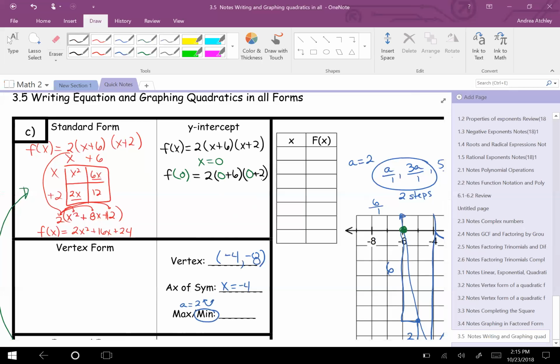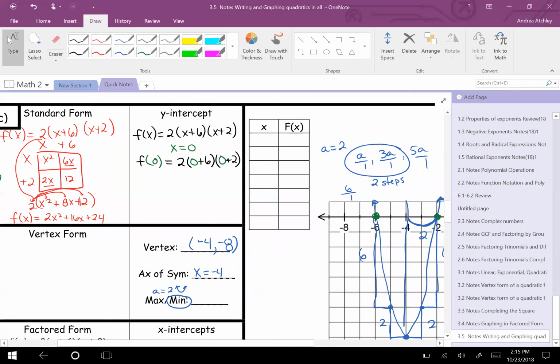Now we're going to solve. We already know the y-intercept. What is it? It's 24 from standard form. Oh, yeah, from standard form. Good job. So I wouldn't have to do that. I could just look at my standard form, huh? So f of 0, let's just finish doing this so we can show both ways and check our work. 2 times 6 is 12 times 2.